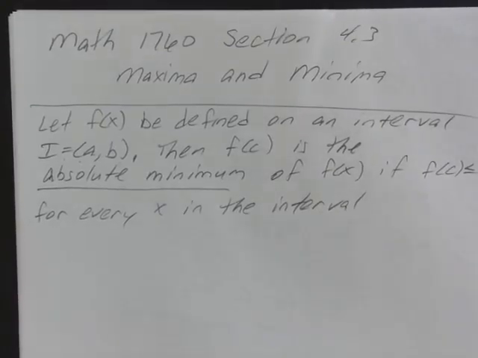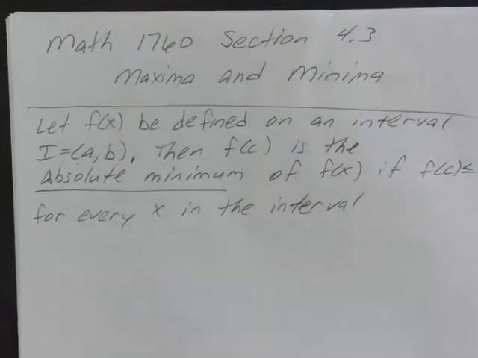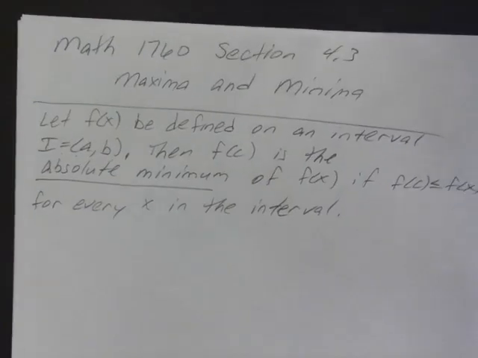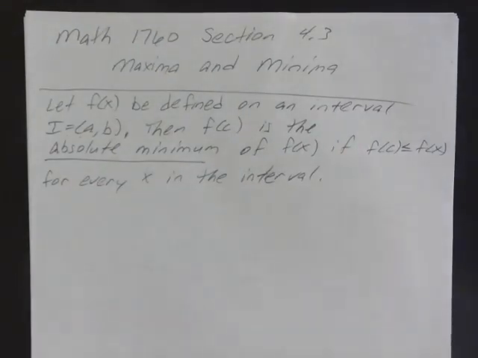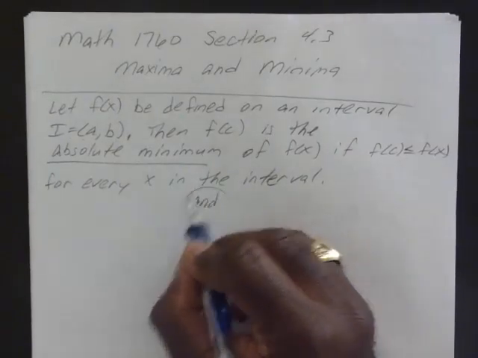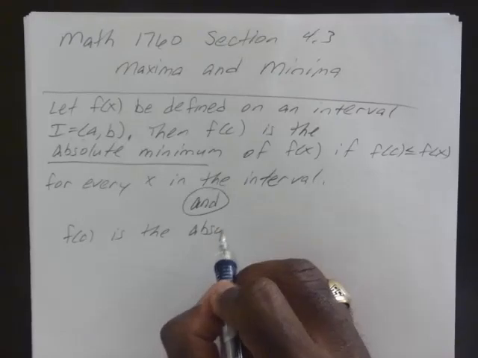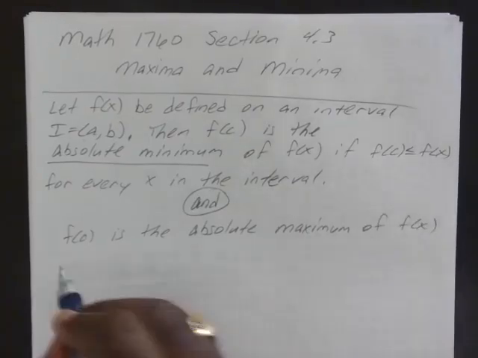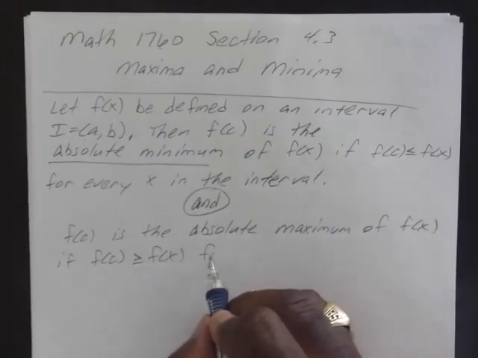And we know that f of c is what is called the absolute maximum of our function f of x if f of c is greater than or equal to f of x for every x in the interval.